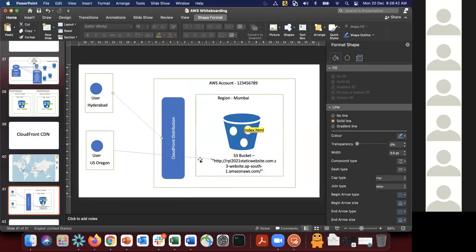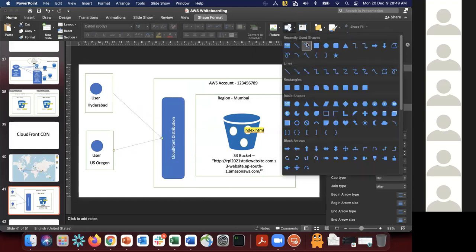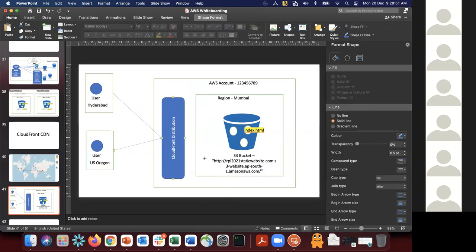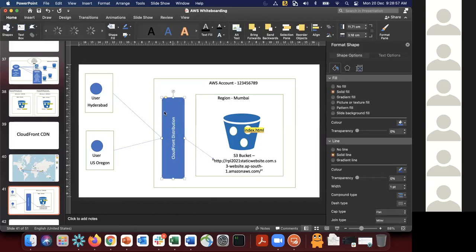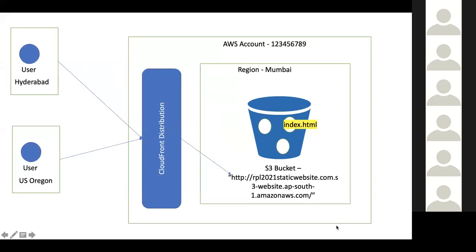Your request will be made to the CloudFront instead of your S3 bucket directly, and in turn, the CloudFront distribution will talk to your S3 bucket. This will be a global distribution, which will serve the content from the closest edge location across all those 300 edge locations in the world.